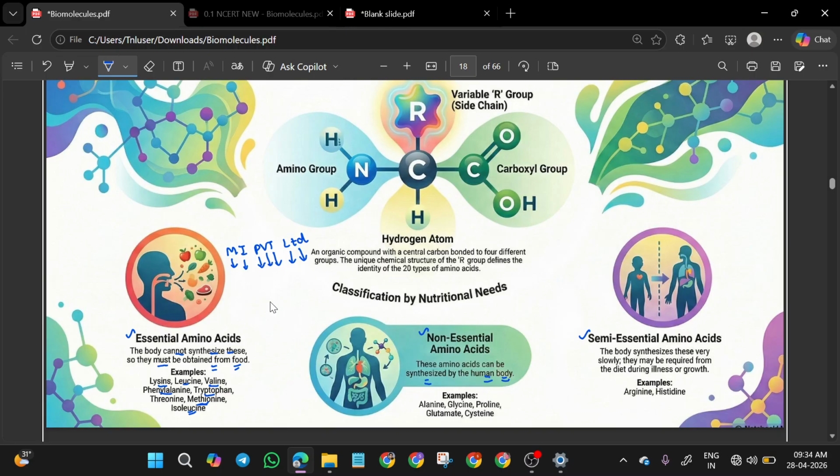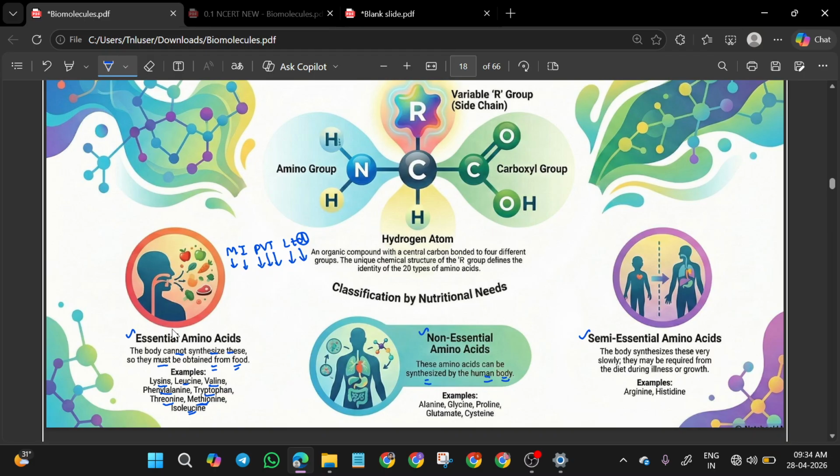Then T represents threonine. So for D there is nothing here. So this you have to remember. Methionine, isoleucine, phenylalanine, valine, threonine, then T for tryptophan. Then for L two: leucine, lysine.